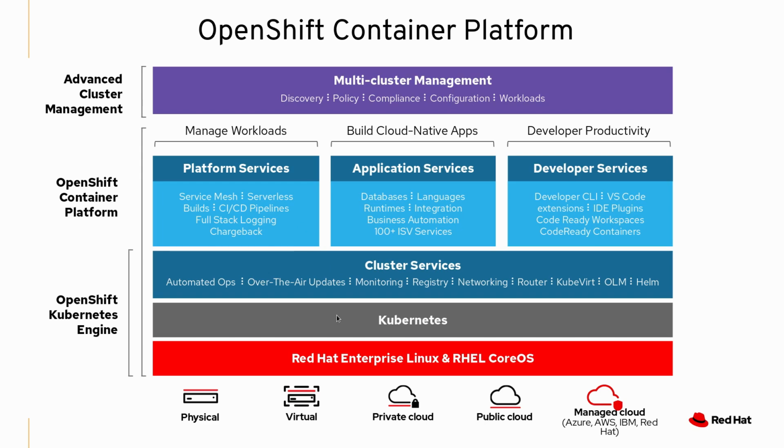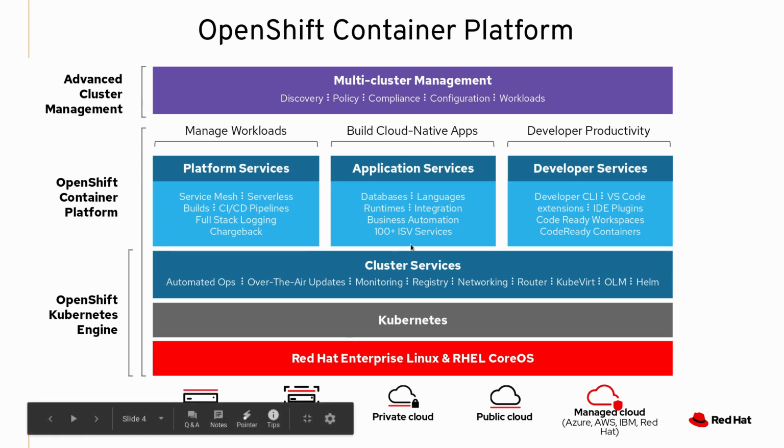So looking at the infrastructure side, we have Kubernetes deployed on top of the Red Hat Enterprise Linux CoreOS operating system. Then we have the built-in networking based on Open vSwitch. We have the possibility to integrate storage. We have built-in monitoring, log aggregation, and many other features.